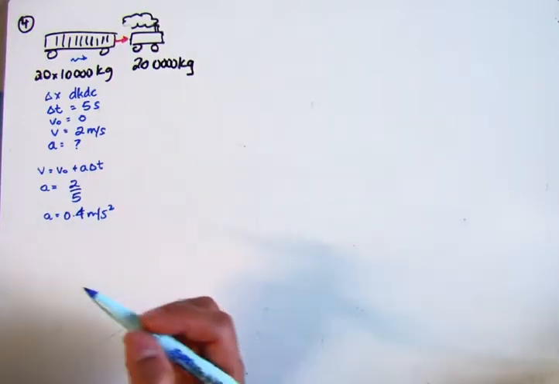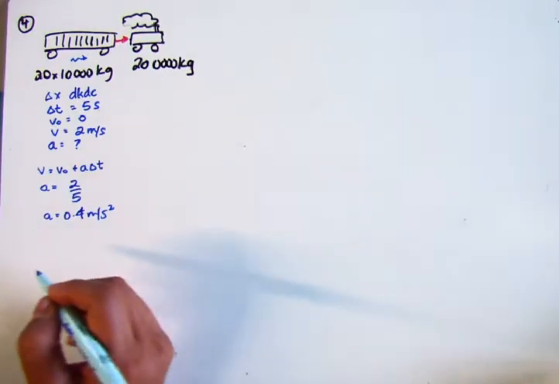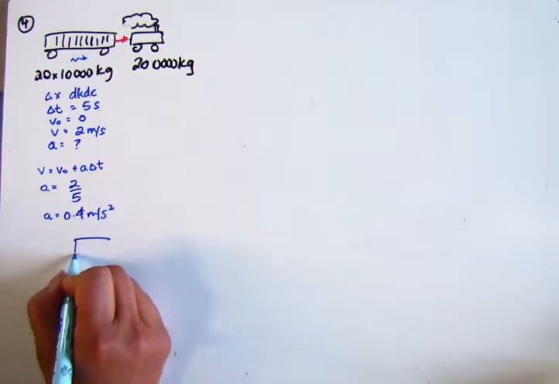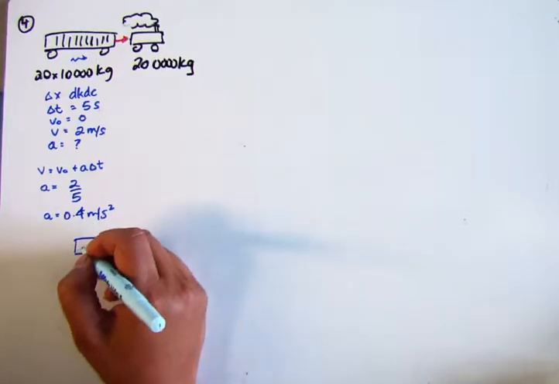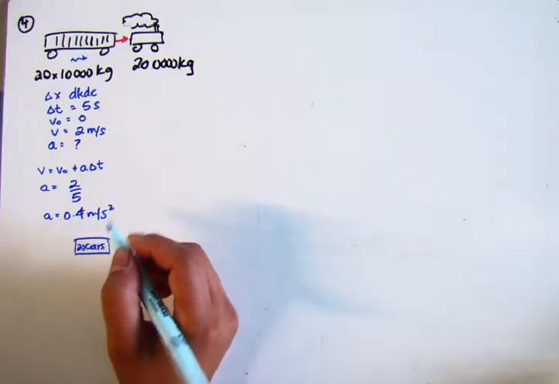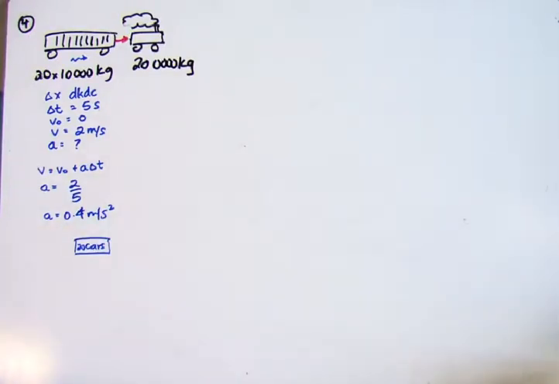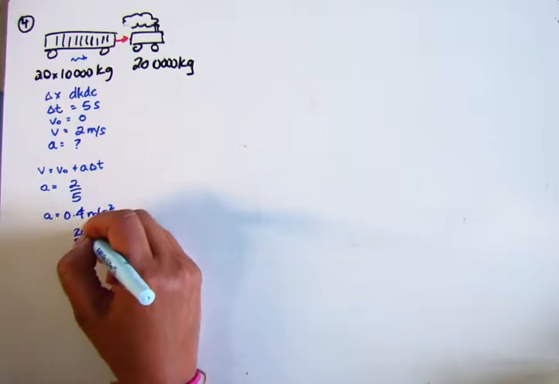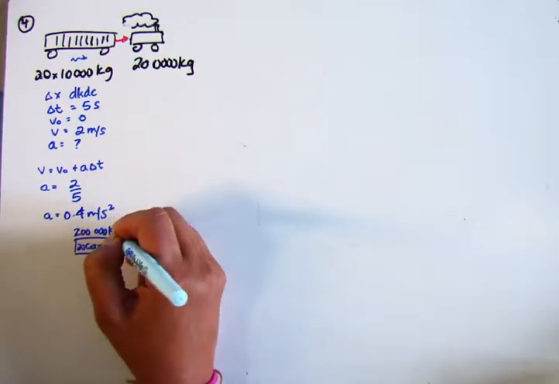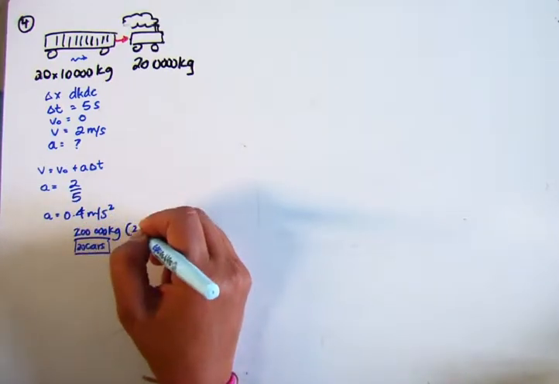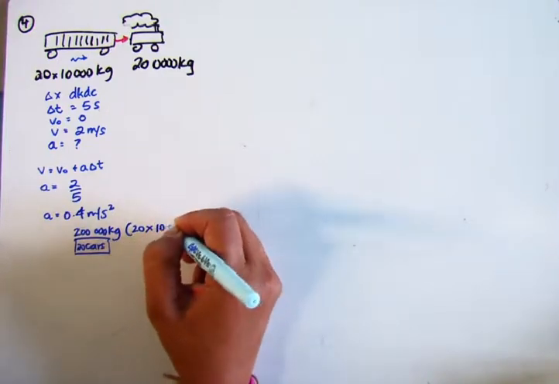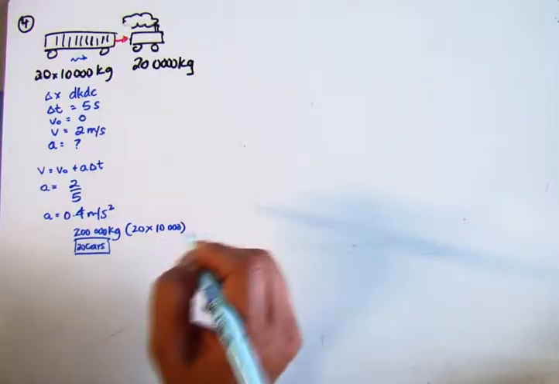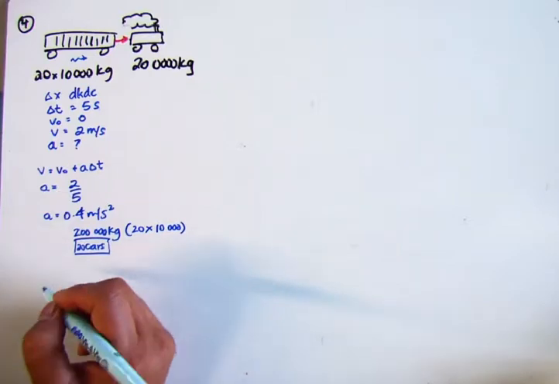So again, thinking about this in terms of systems, I'm going to just draw a free body diagram of the 20 cars. So this is 20 cars. It has a mass of 200,000 kilograms, right? 200,000 kilograms. And that comes from 20 times 10,000 kilograms per car.